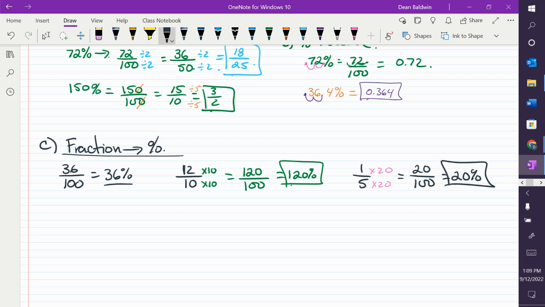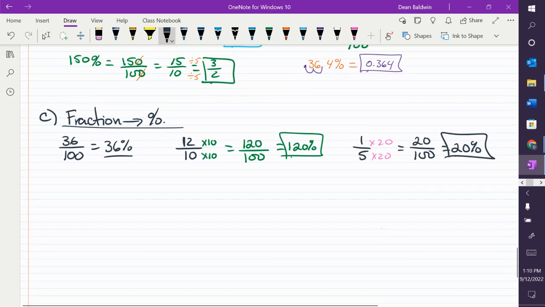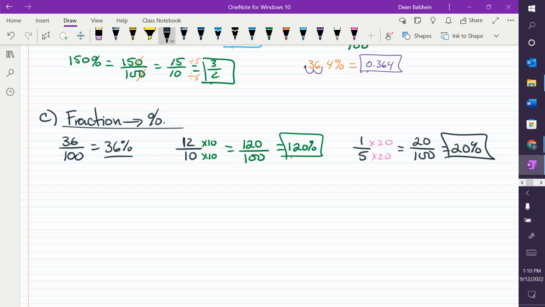All right. Last one. The decimal to a percentage. .36.